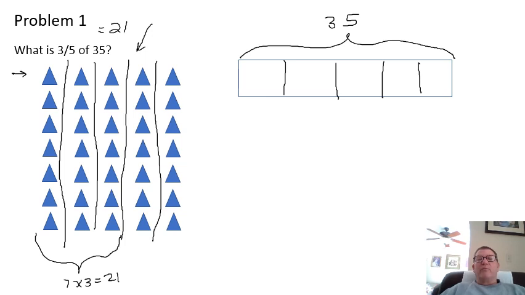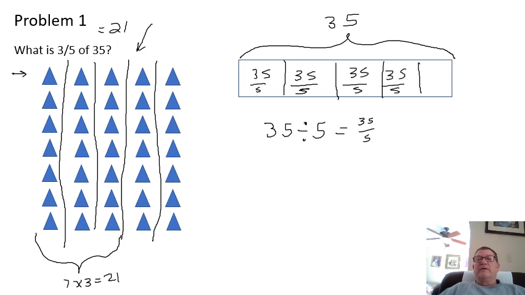And we know from our previous lessons that this is actually a division problem, 35 divided by 5, which when we rewrite it as a fraction is 35/5. So I know this is 35/5 here, 35/5 here, 35/5 here, and 35/5 here, and 35/5 here.